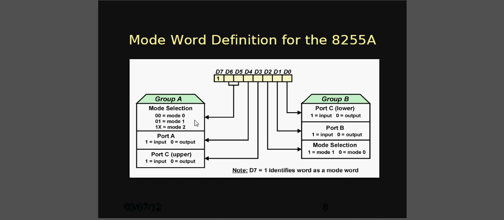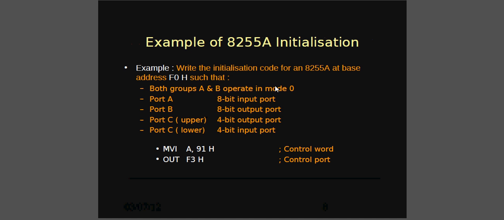Here is the mode selection, which we are not really focusing on first; we just focus on setting port A, port B, or port C to become input or output. So we have to change the setting here, either giving 1 or 0. Okay, this is an example of how you can do it in the code.